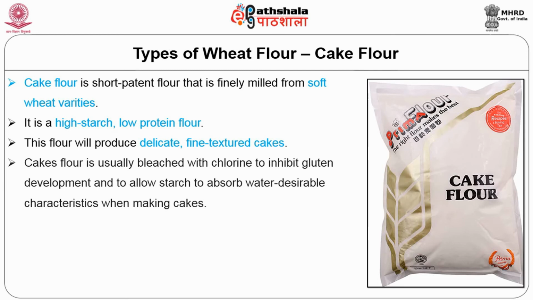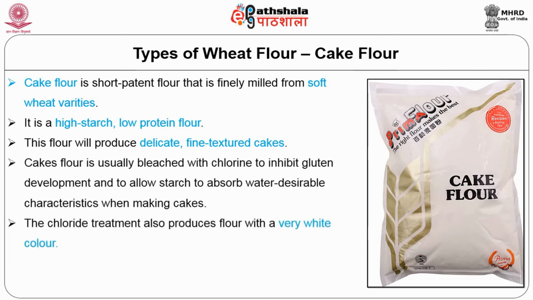Cake flour is usually bleached with chlorine to inhibit gluten development and to allow starch to absorb water, which are desirable characteristics when making cakes. The chlorine treatment also produces flour with a very white color.